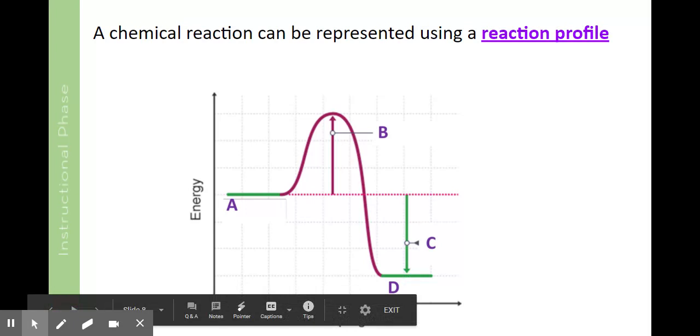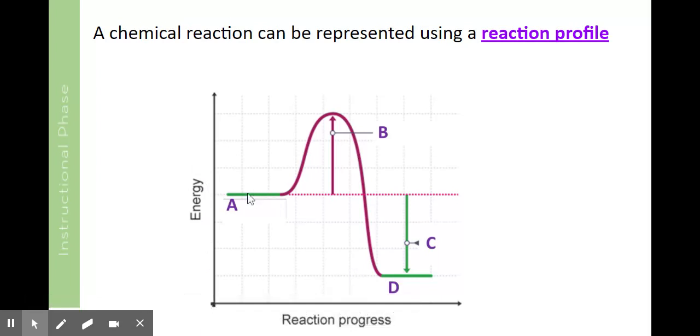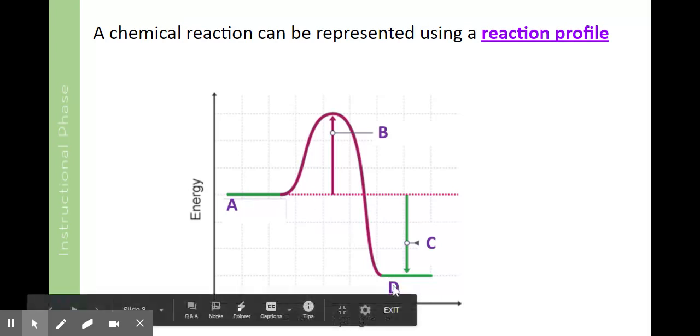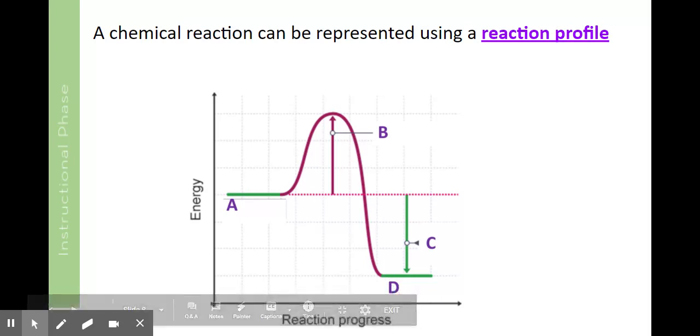And you can see that the energy in the products is lower than the energy in the reactants because energy is on the y-axis. A is higher than D. So A, the reactants, begin with more energy than the products. So what's happened to that energy? The energy has been given out.